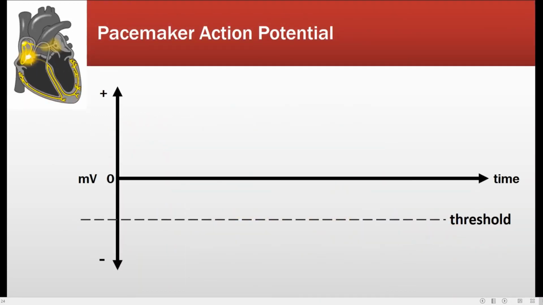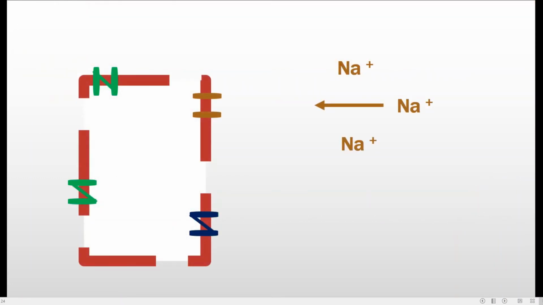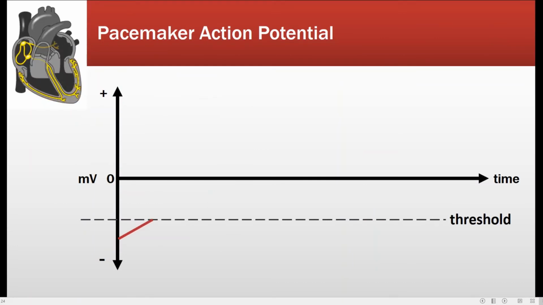Now, how does the pacemaker action potential happen? So, let's have a look again at the cell of your pacemaker. Okay, so here, sodium is leaking inside your cell through your sodium gated ion channel. So if you increase more sodium inside your cell, then you make your membrane become less negative. So the membrane potential here is also negative 90.